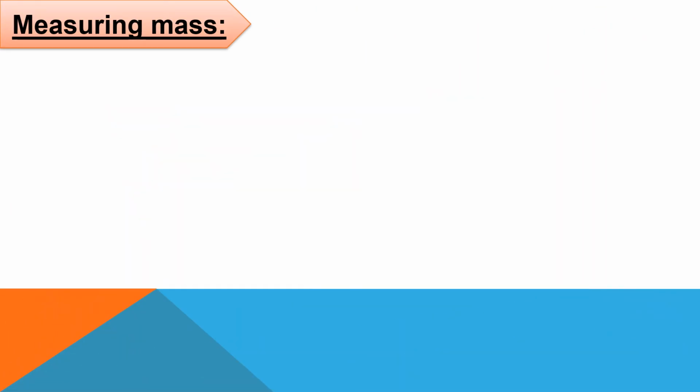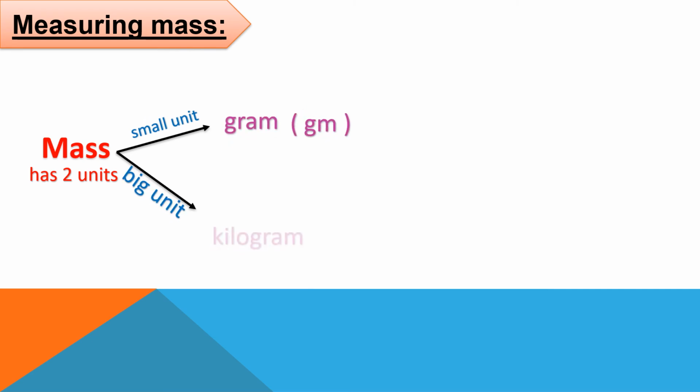Measuring mass. Measuring mass means to measure how heavy or how light something is. And we said before, we use 2 units to measure mass. Big unit and small unit. The small unit is gram and the big unit is kilogram.